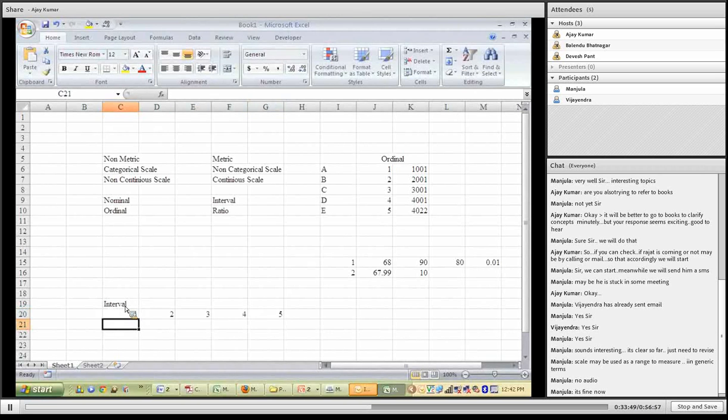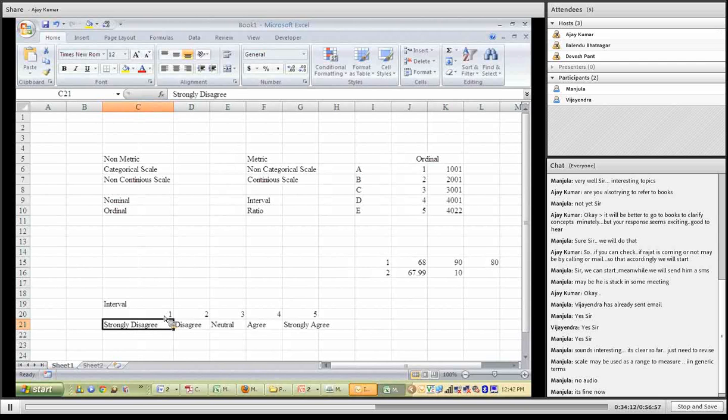So 1 represents strongly disagree, 2 represents disagree, 3 represents neutral, 4 represents agree, 5 represents strongly agree.